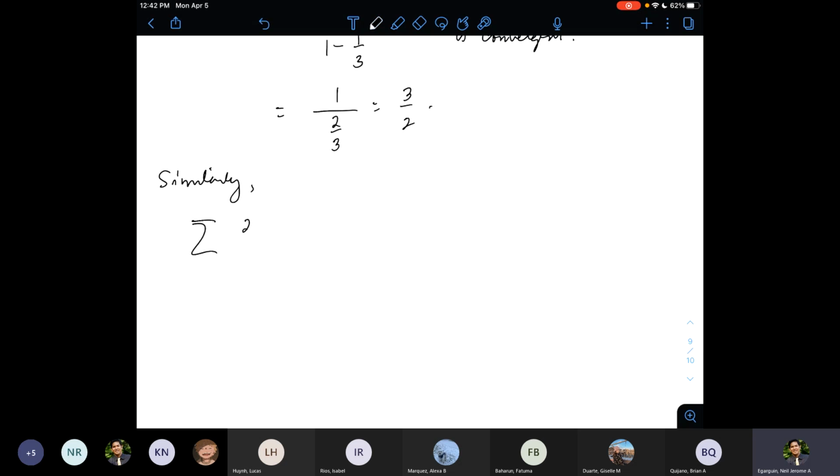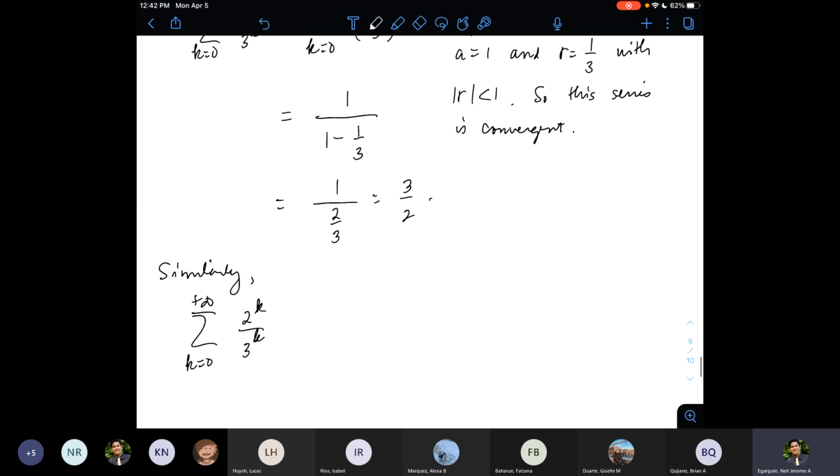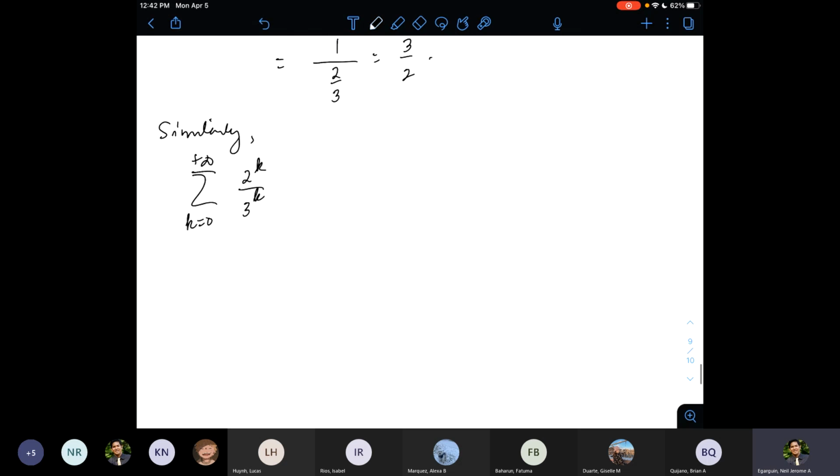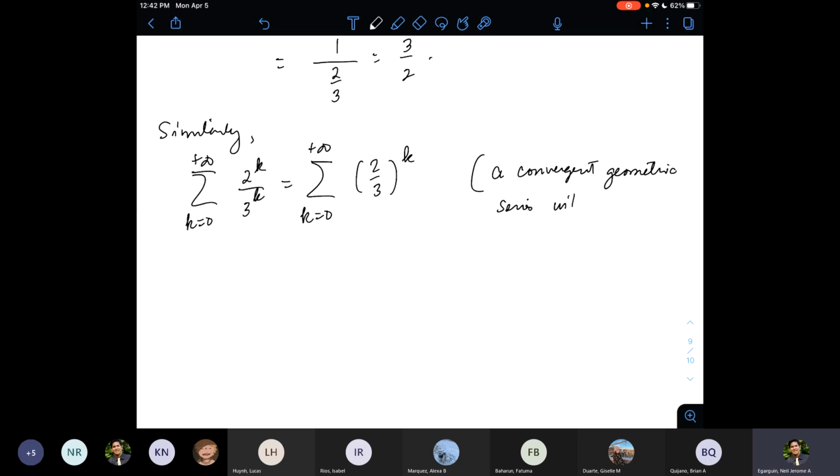We have summation of 2 to the k over 3 to the power k. Right, that's our second term over here. I can write this as the sum of 2/3 to the power k, k going from 0 to infinity, which is again a convergent geometric series with a equals 1 and common ratio equal to 2/3, which has magnitude less than 1.